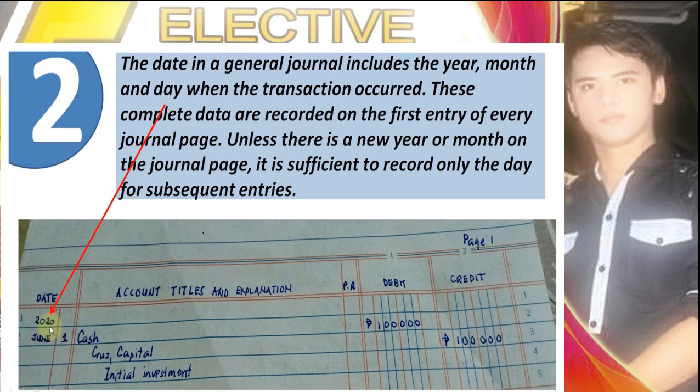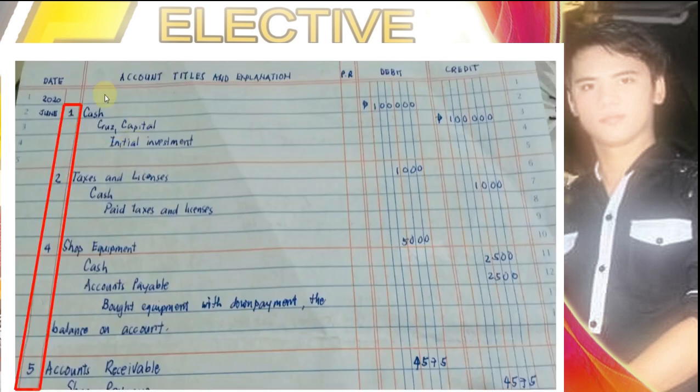June 1, 2020. So unless there is a new year or month on the journal page, it is sufficient to record only the day for subsequent entries. So you notice this one? We have here June 1, 2, 4, and 5. You noticed that we no longer wrote June here, here, and here. We also no longer wrote the year. This means the next transactions happened when?